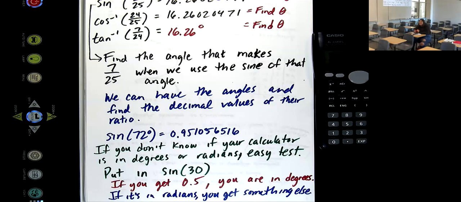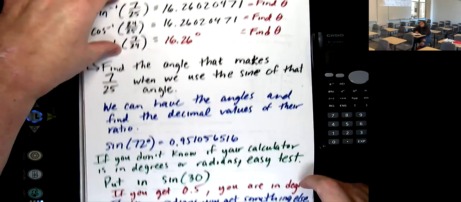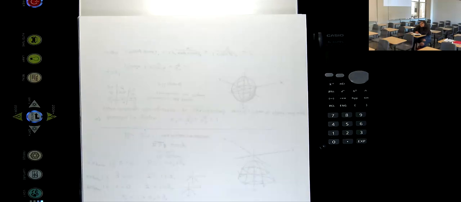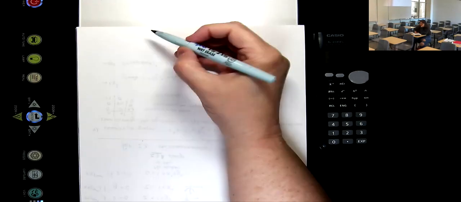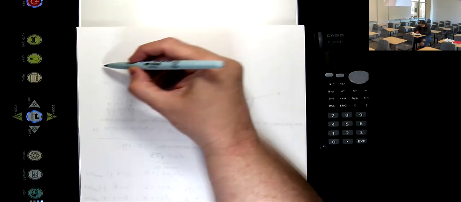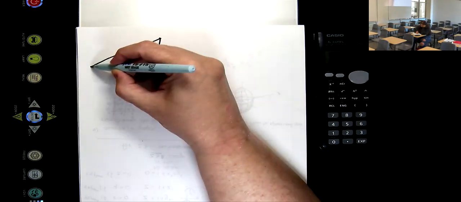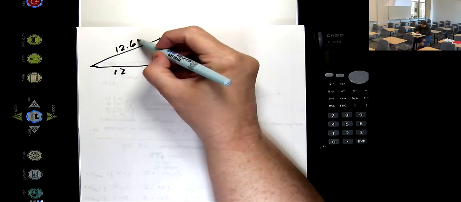Okay, let's do another triangle and let's look at the triangle and figure out what the sine, cosine, and tangent are by looking at it. And then we'll talk about 3 more functions. Let's do 4, 12, and 12.65.